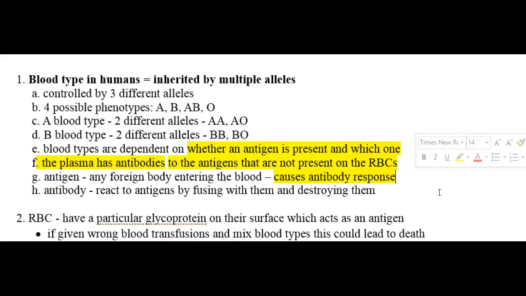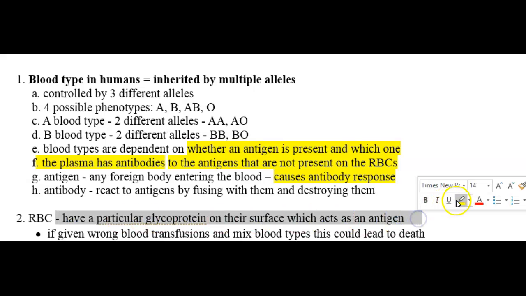Antibodies are going to react to the antigens, fuse with them and destroy them. Red blood cells have a particular glycoprotein on their surface which acts as an antigen. Okay, that's important right there. So, if you're given the wrong blood transfusion, mixed blood types, this could lead to death.